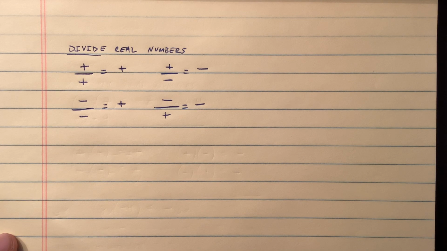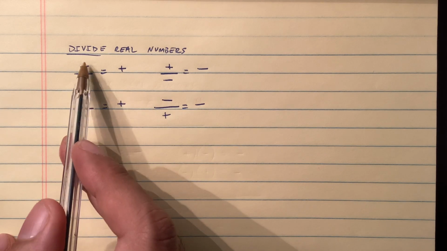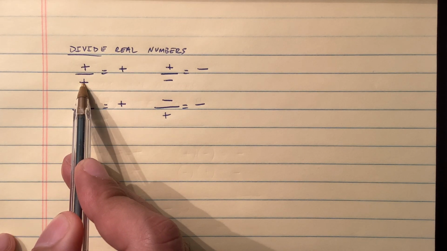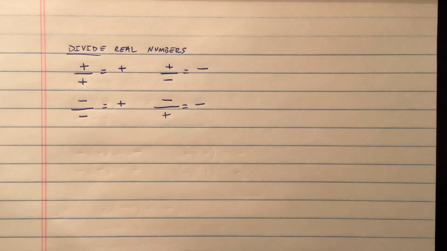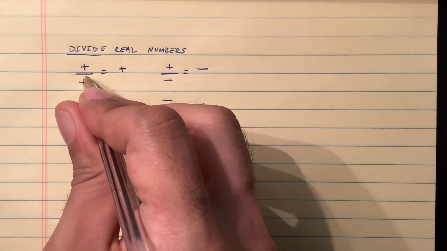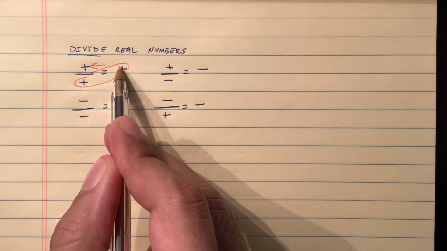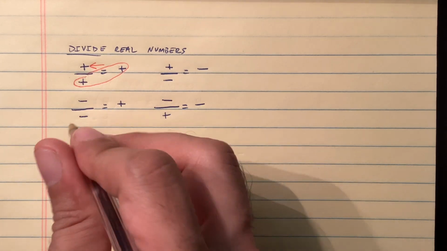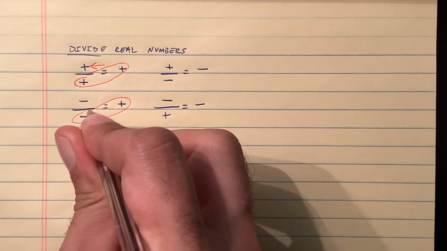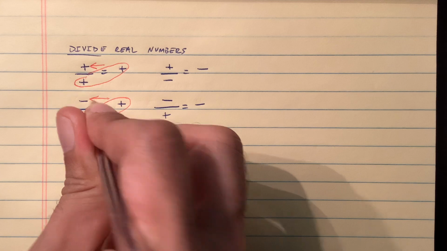The way you can think about this is, remember that multiplication and division are inverses of each other. So when we have something divided by something else, it's really saying this times this equals this. So positive times positive, that we saw in the previous video, equals a positive. Negative times positive equals negative.